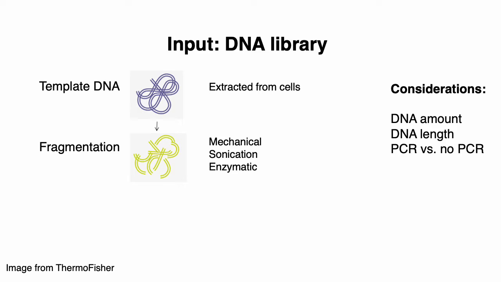And so typically you have to fragment your original genome into smaller pieces and then sequence the individual pieces. This fragmentation can be done in any number of ways, including mechanical shearing, sonication, or enzyme digestion.